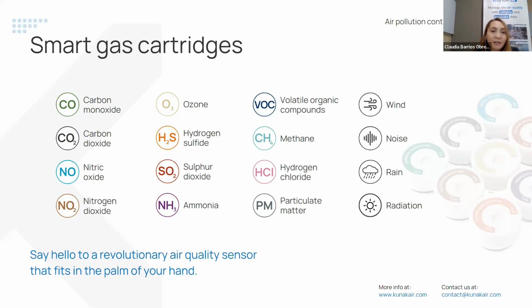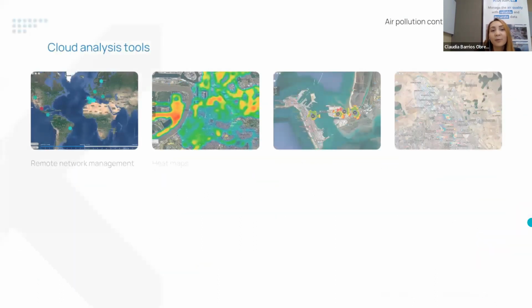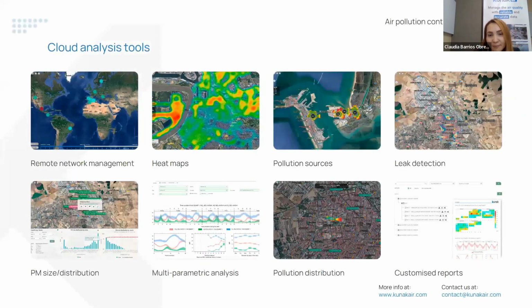This is to target different applications. And of course, the Kunak cloud-based platform that has different cloud analysis tools. All of these solutions allow the environmental professionals to manage and analyze air quality data to make better decisions.